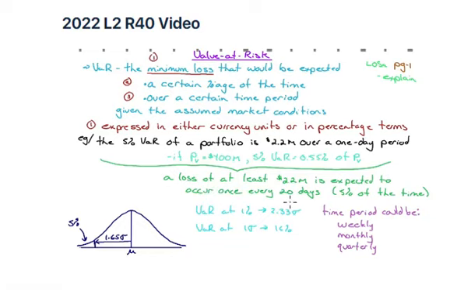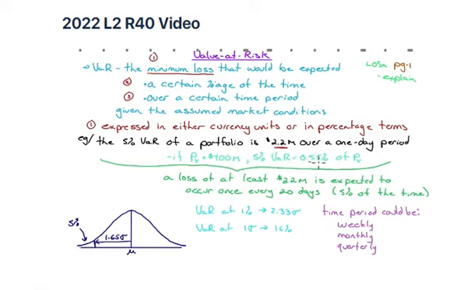That's 5% of the time, right? If instead of expressing it in currency we want percentage terms, let's say our portfolio value is 400 million and 5% VaR is 2.2 million. Well, 2.2 of the 400 million is 0.55% of portfolio value.